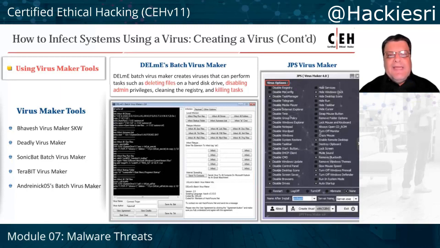Delmadge's Batch Virus Maker creates viruses that can perform tasks such as deleting files on a hard disk, disabling admin privileges, cleaning the registry and killing tasks. On the other hand, we have the JPS Virus Maker as shown in the screenshot on the right.